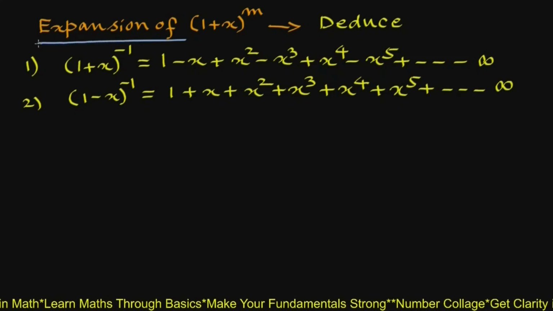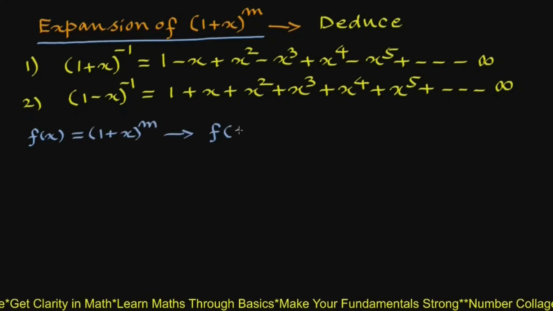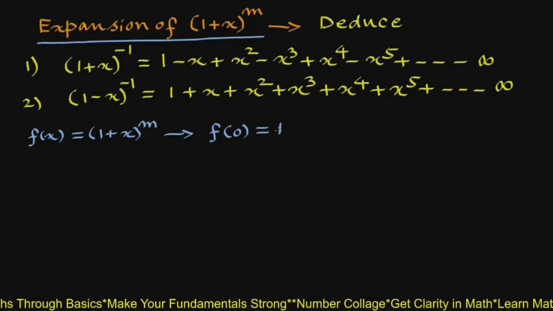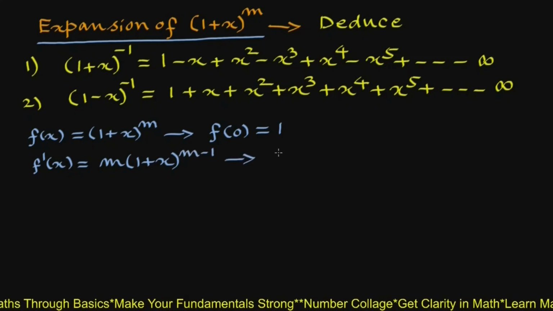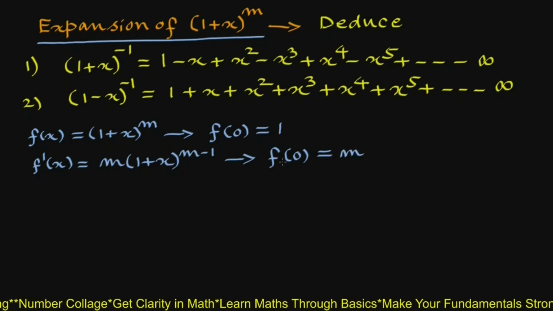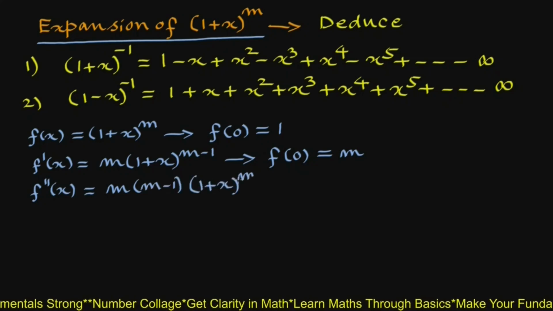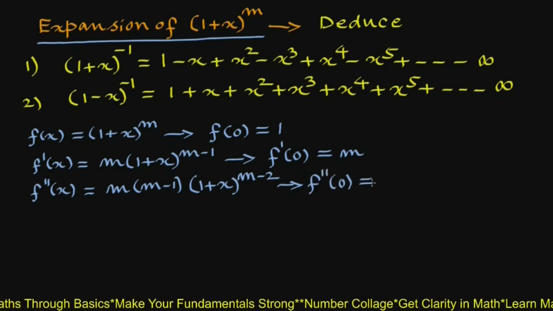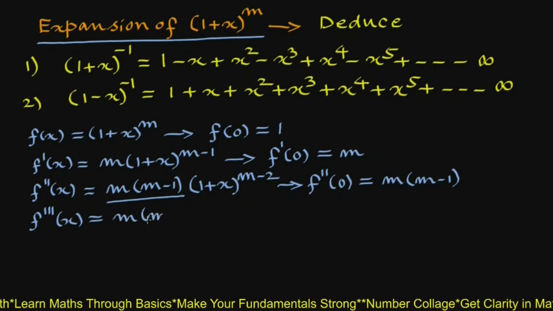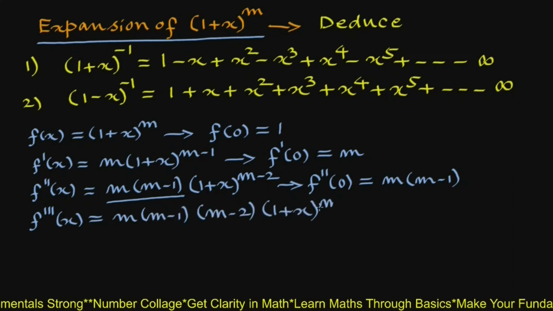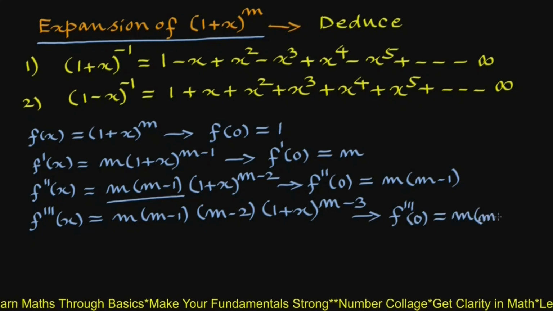So for the expansion of (1 + x)^m, we assume f(x) = (1 + x)^m. So f(0) will be (1 + 0)^m, that is 1. f'(x) is m(1 + x)^(m-1). Therefore f'(0) will be m into 1, that is m. f''(x) will be m(m - 1)(1 + x)^(m-2), gives f''(0) = m(m - 1). f'''(x) will be m(m - 1)(m - 2)(1 + x)^(m-3), that gives f'''(0) = m(m - 1)(m - 2).